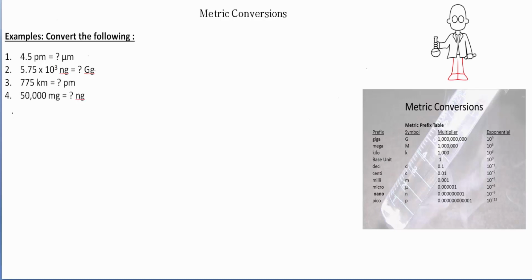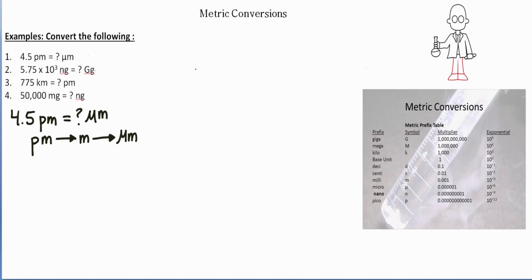If we look at example 1, we have 4.5 picometers and we want to know how many micrometers, that funny looking M, is a mu. So our procedure would be to go from picometer to meter, from meter to micrometer.